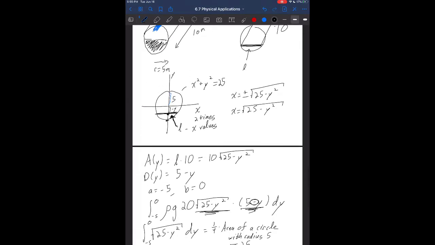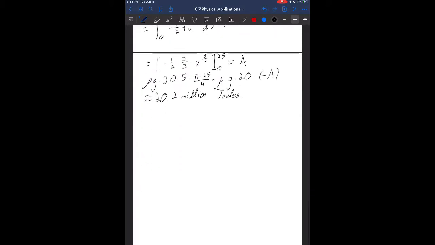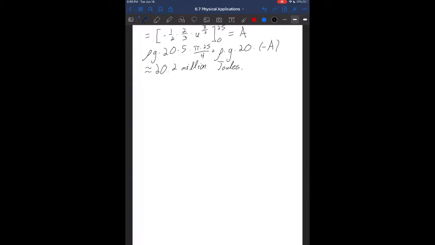All right. So we have one more application problem for this, which is a force on dam problem.